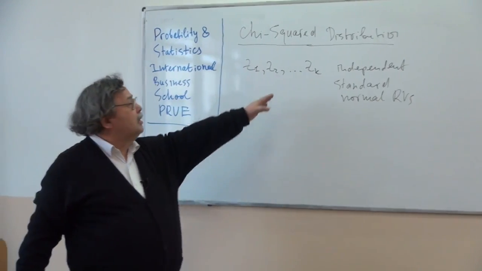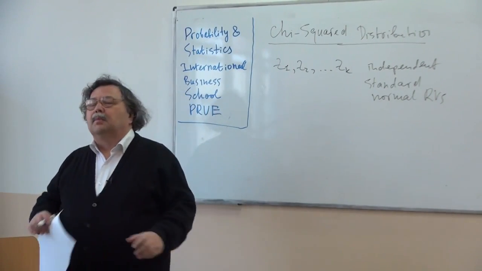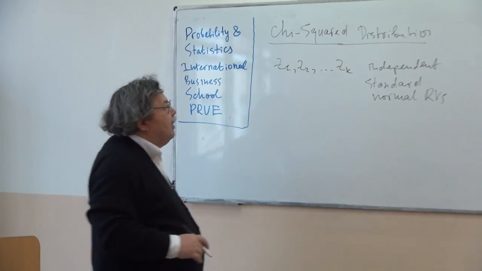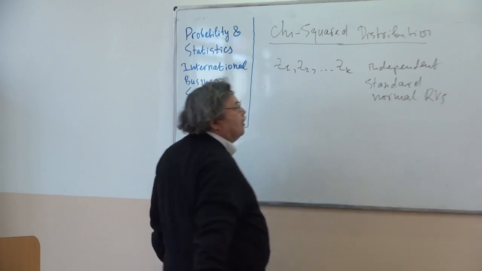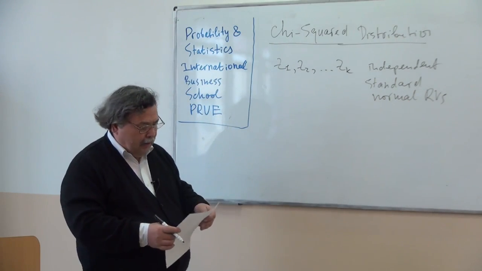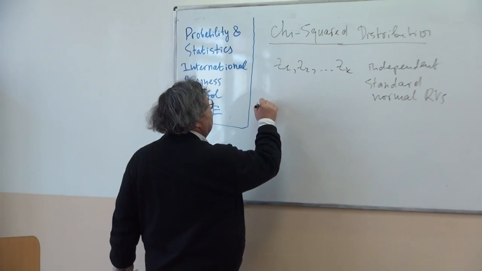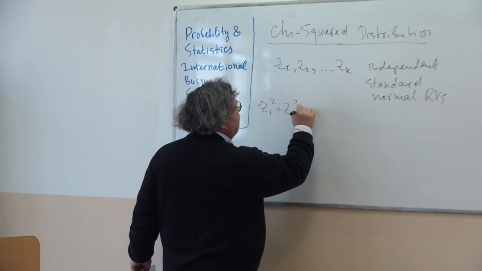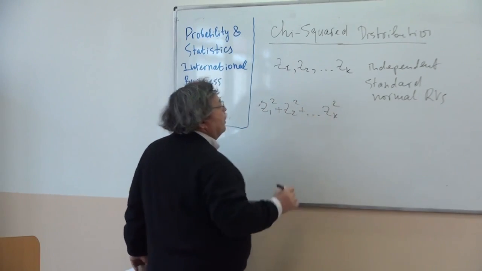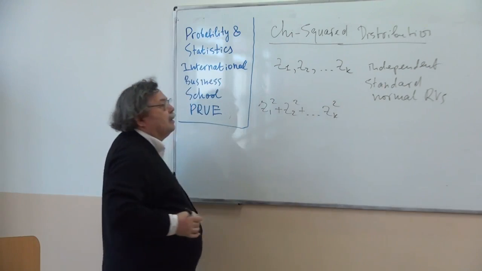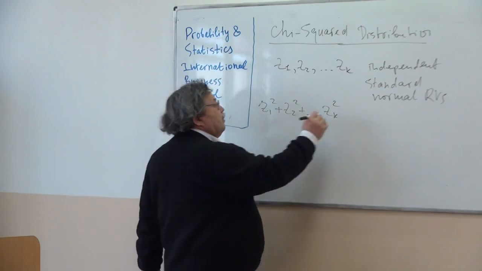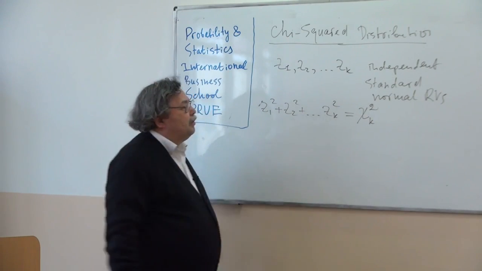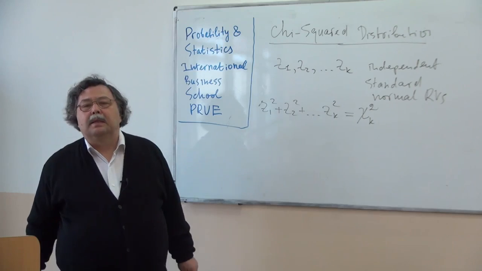Z1, Z2 up to Zk are independent and identically distributed random variables, distributed according to the standard normal law. Then the sum Z1 squared plus Z2 squared, the sum of the respective squares, is by definition called the distribution chi-squared with k degrees of freedom.